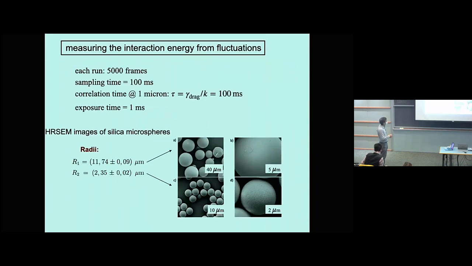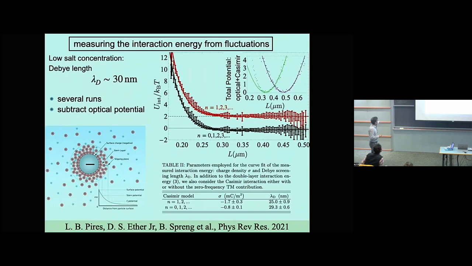So these are the spheres that are going to be interacting, and this is the result when I have a rather small salt concentration, so the Debye length is such that I still have residual electrostatic repulsion. And this is the kind of signal I have.